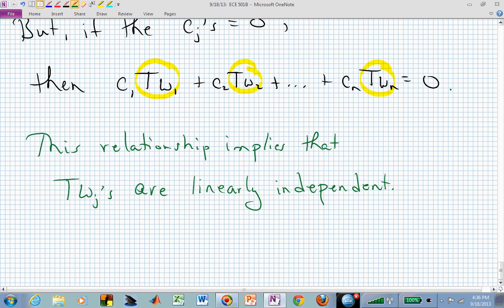But we already just earlier realized that those TW's also span the range space, didn't they? By definition. So now we have something that spans a subspace, and those vectors are linearly independent. So now they form a basis for that subspace.